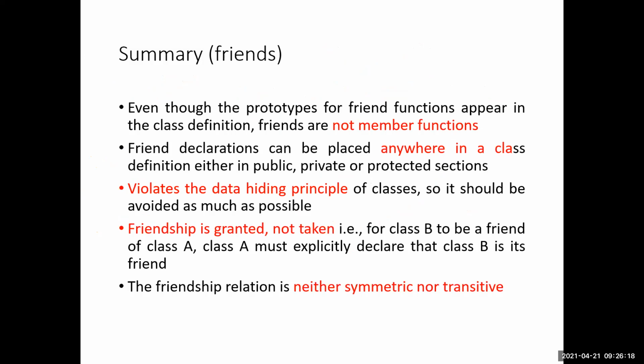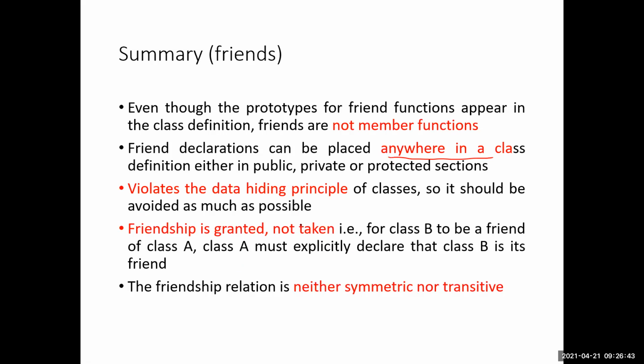As I told you, when you say that a function is a friend of a class, you can place that information anywhere in the class. It does not matter if it's private or public, because anyhow it is not a member of the class. As we said, it violates the data hiding principle, so it should not be very commonly used.